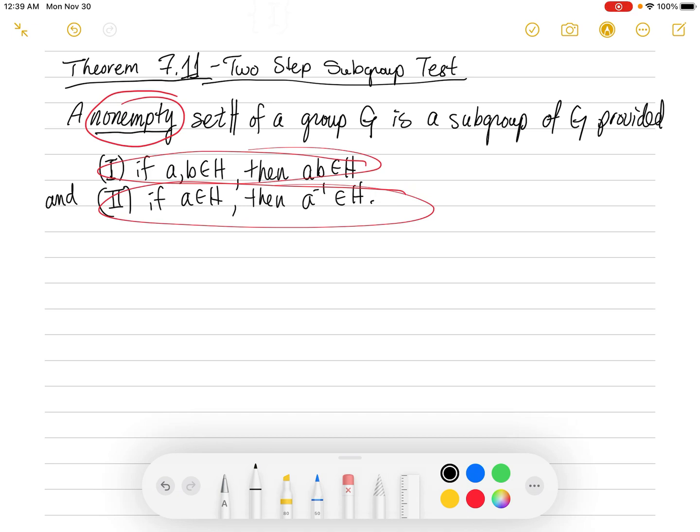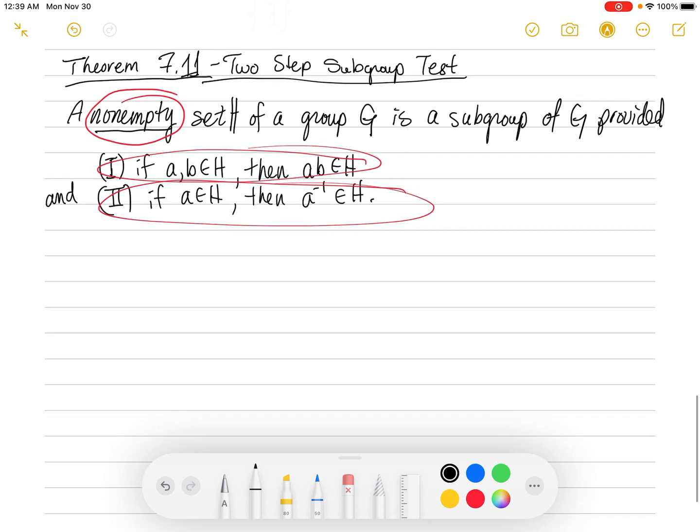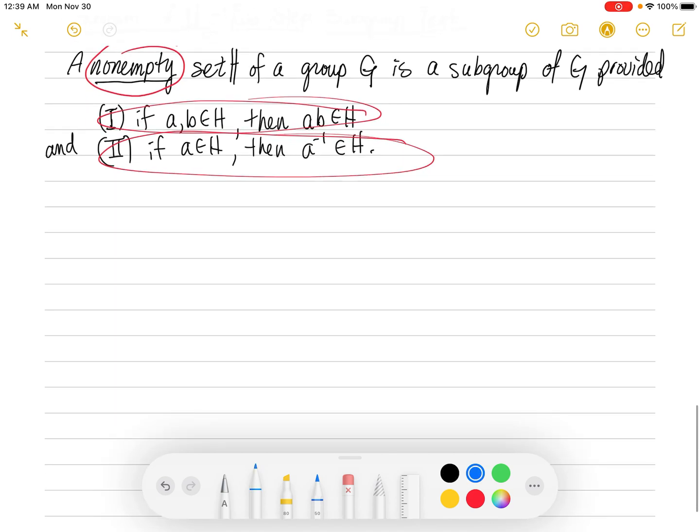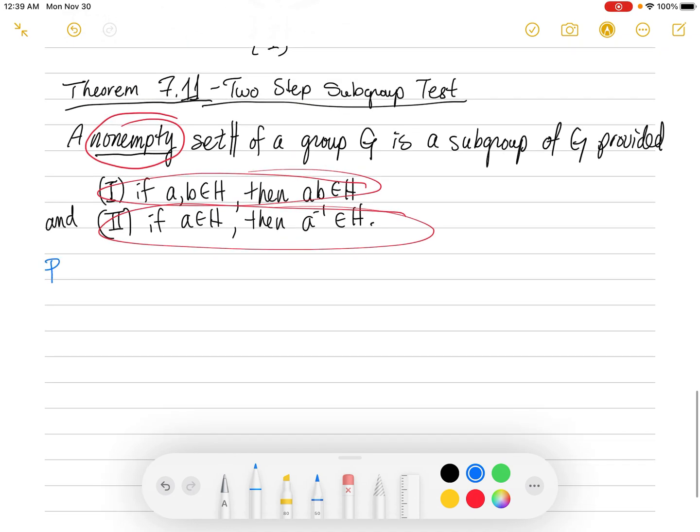Let's actually prove this. It tells you that H is a subgroup. Okay, we're going to prove this theorem.